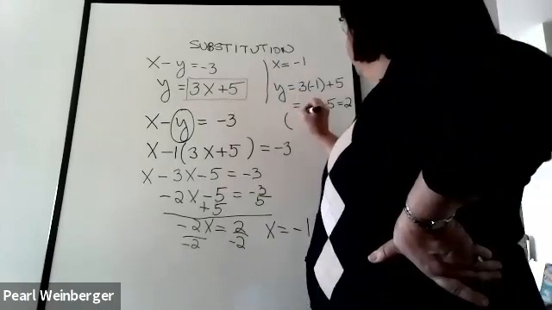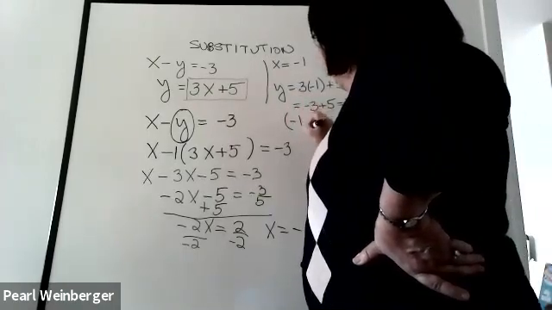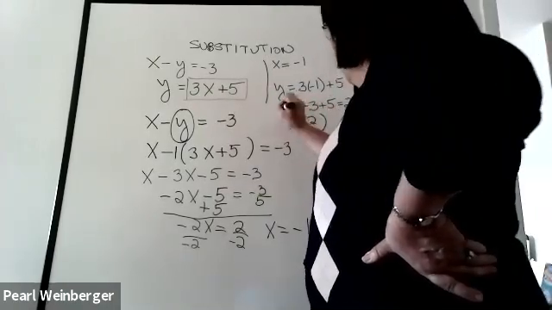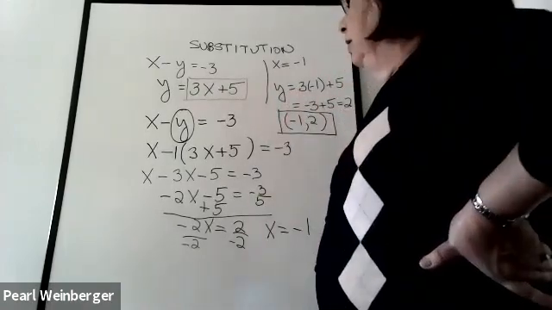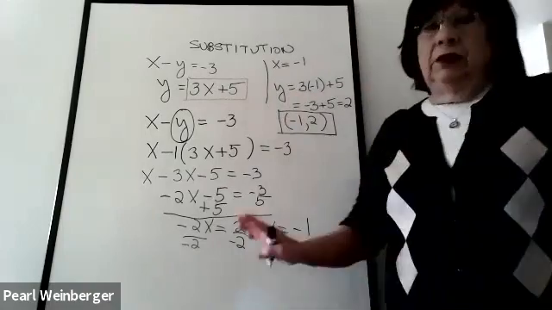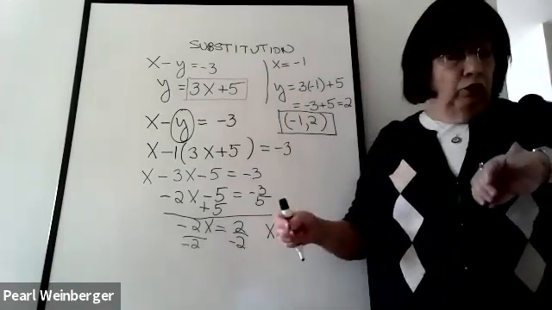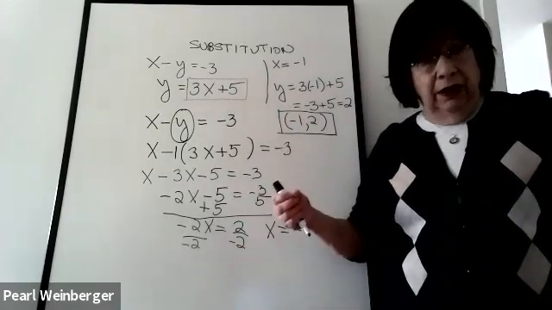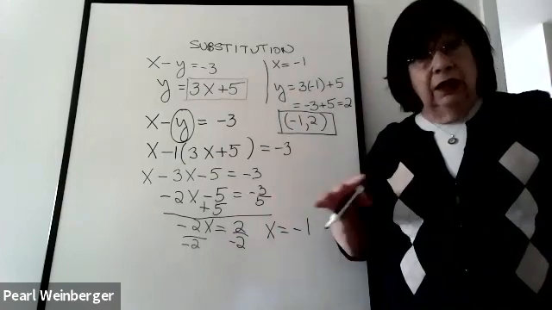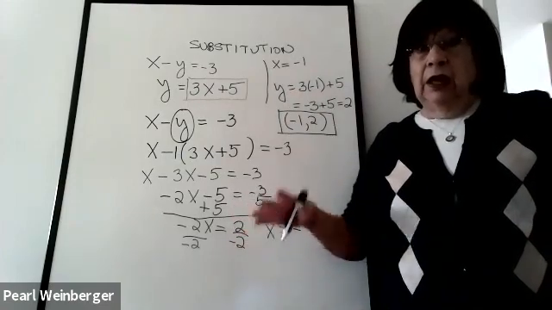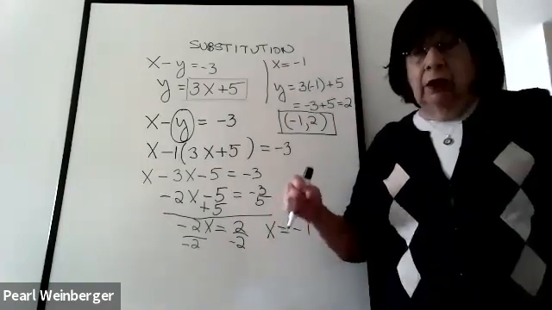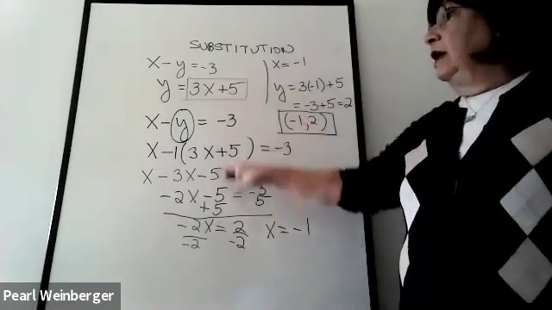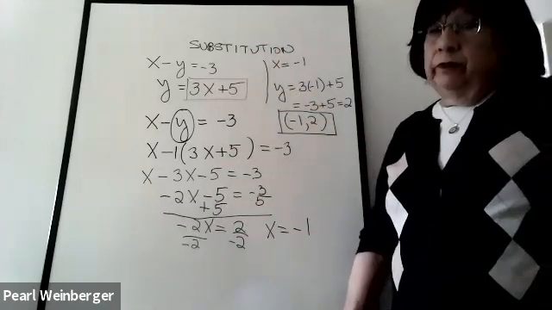Here's my solution. -1, comma 2. This is what's called the substitution method. Notice neither the substitution method nor the elimination or addition method needed any graphing. It was all done without graphing, just by algebraic means.